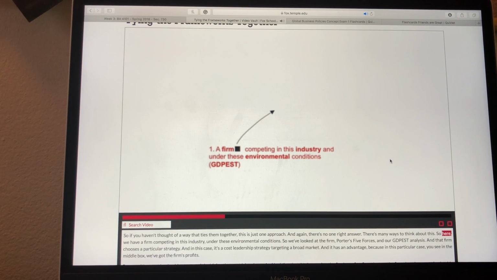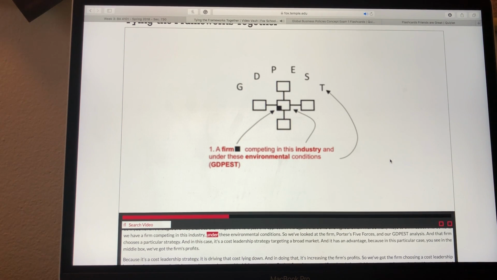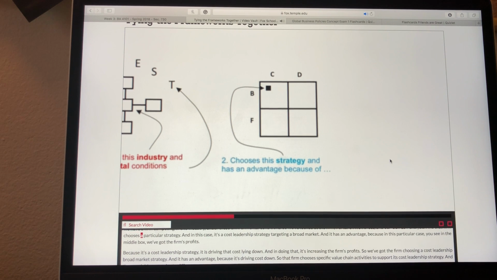All right, so here we have a firm competing in this industry under these environmental conditions. All right, so we've looked at the firm, Porter's 5 forces, and our GD-PEST analysis. And that firm chooses a particular strategy, and in this case, it's a cost leadership strategy targeting a broad market.